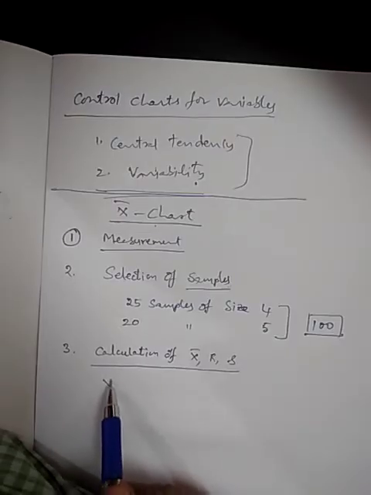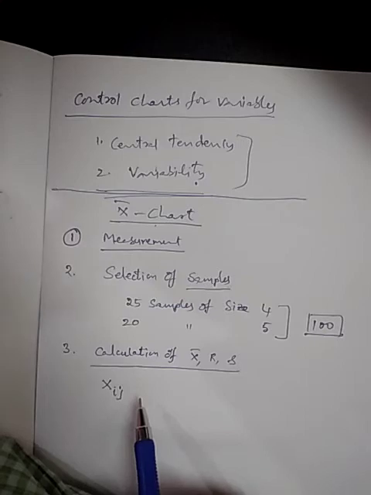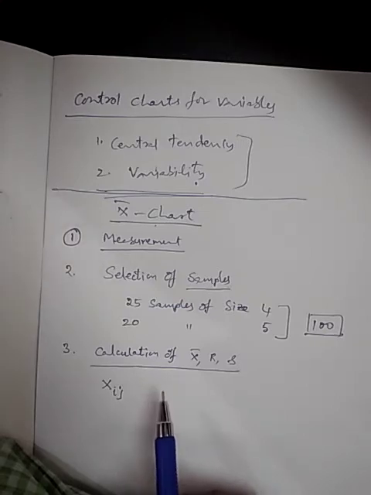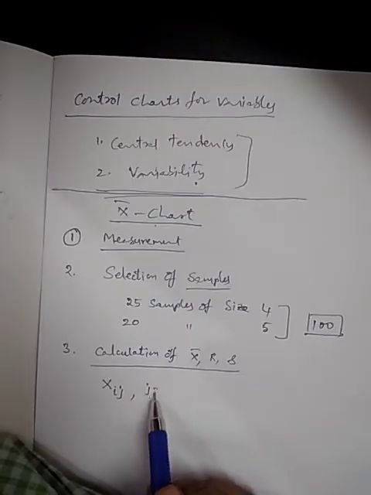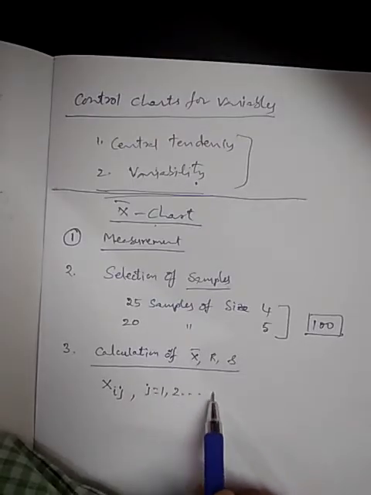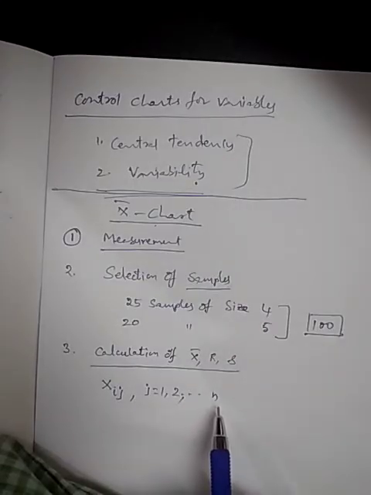What is measurement? We consider Xij as the measurement of the jth unit. For example, there are n units, j equal to 1 to n.